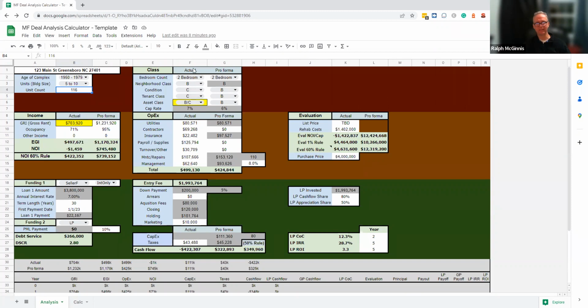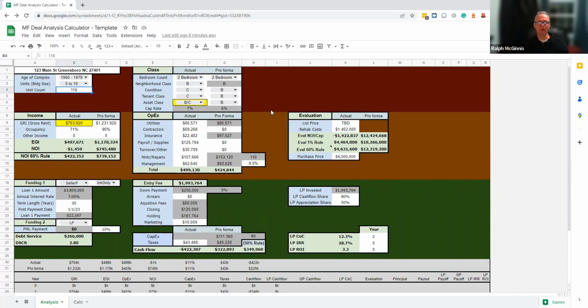And so this is the actual of where it's at, and this is the pro forma. The pro forma being how it will end up once you fix whatever problems are at the property. And that's something that you want to look at to try to improve the property, because you always want to have some form of an exit strategy. Even if you plan on holding the property, your exit strategy might be to refinance.